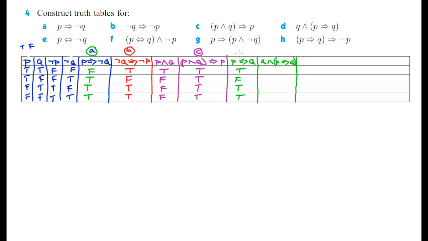There we go. P implies Q, so that's the second part, and then Q is the first part. But this is just and, so it doesn't matter what order it goes in. So we've got true and true, so since it's and, that's true. False and false is false. True and true is true. False and true is false since it's and. Okay, so that was D.